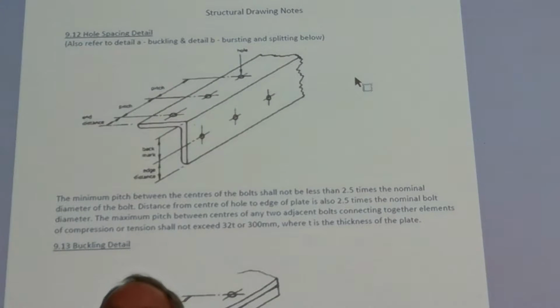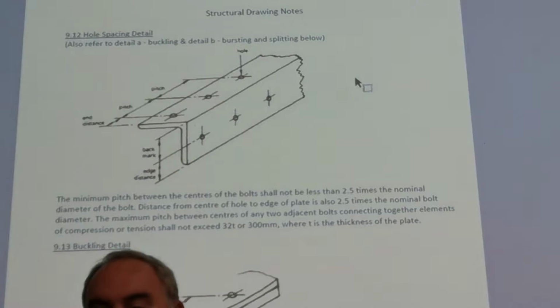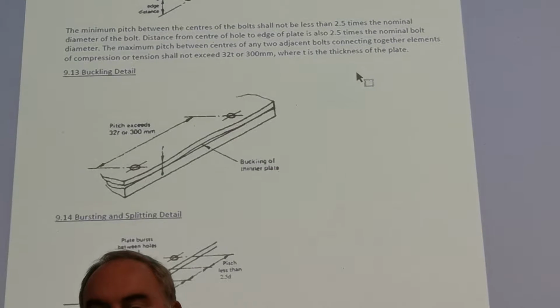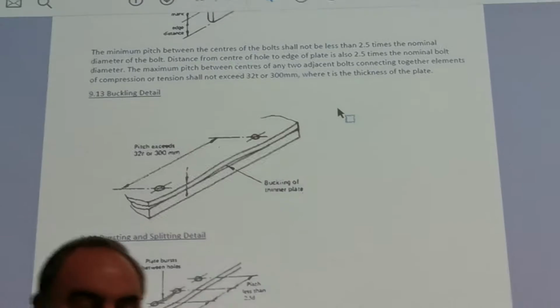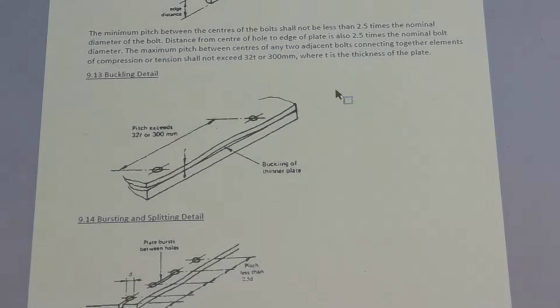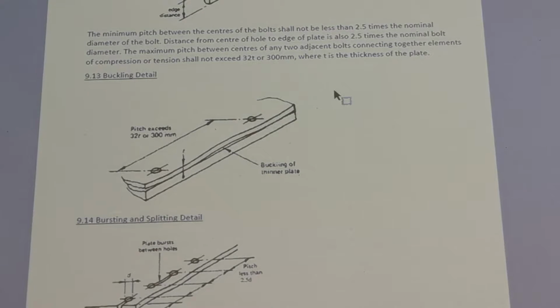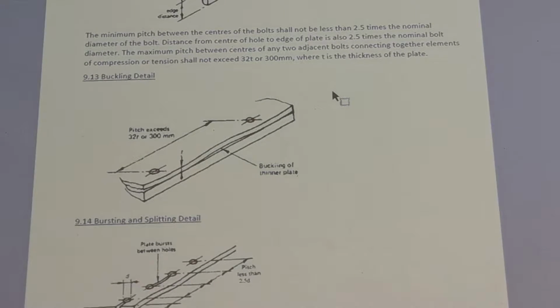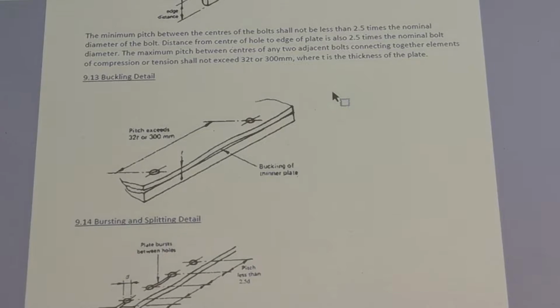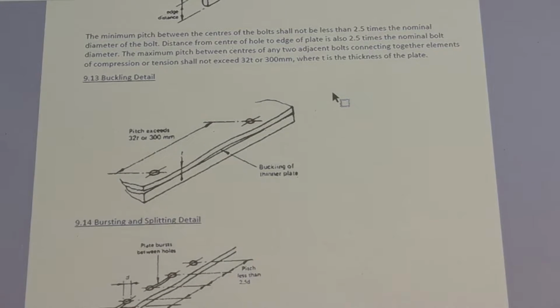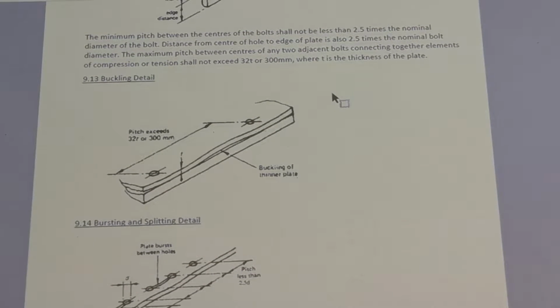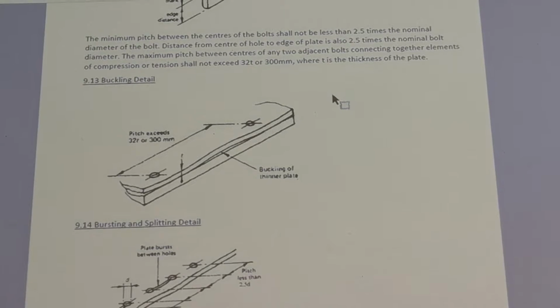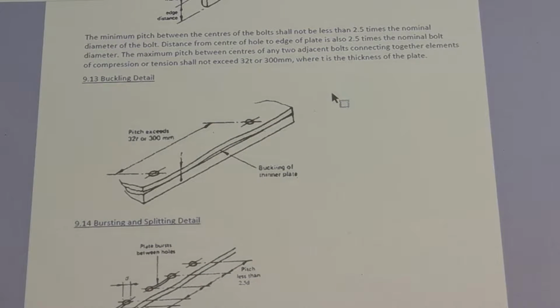The main reason why we do these calculations, if you look down at this next diagram, is that if the distance between the holes, which we call the pitch, is 32 times the thickness, or 300 millimetres, whichever one is the least, is your calculation.